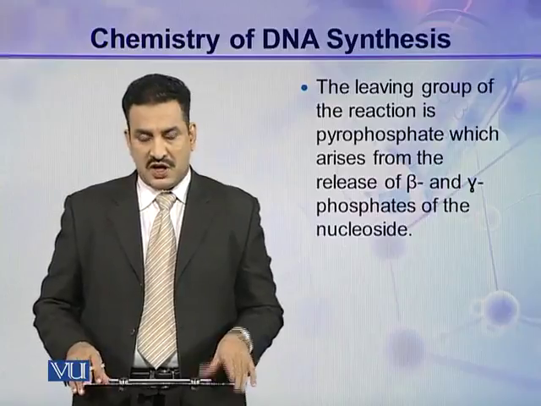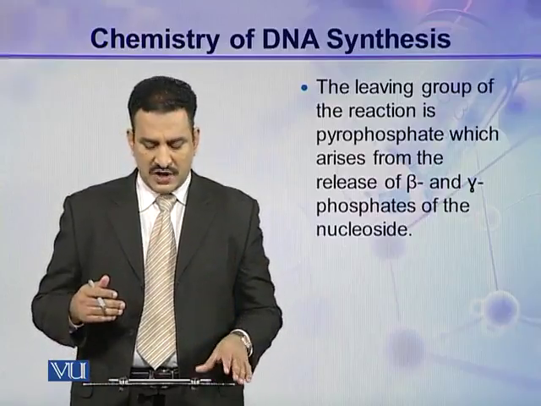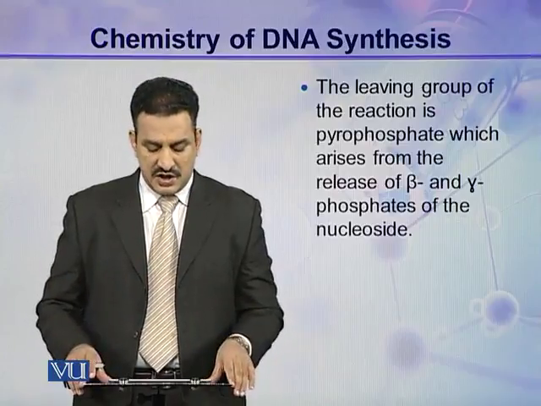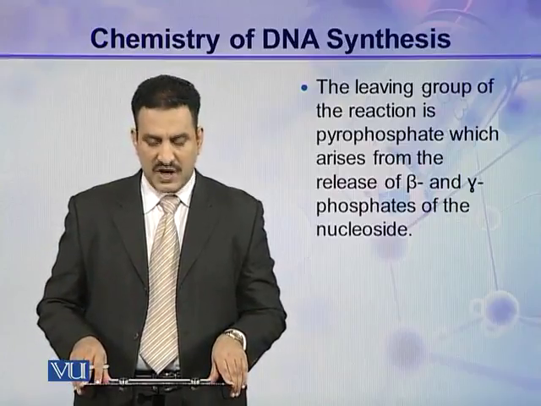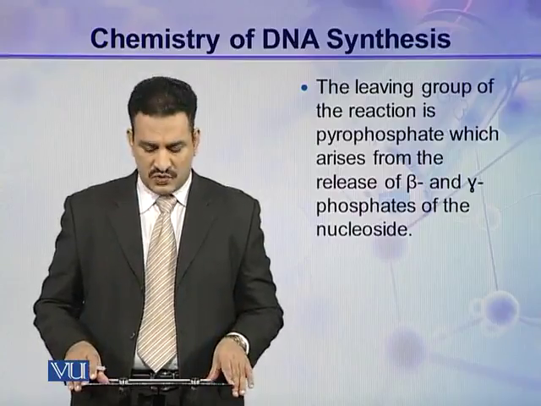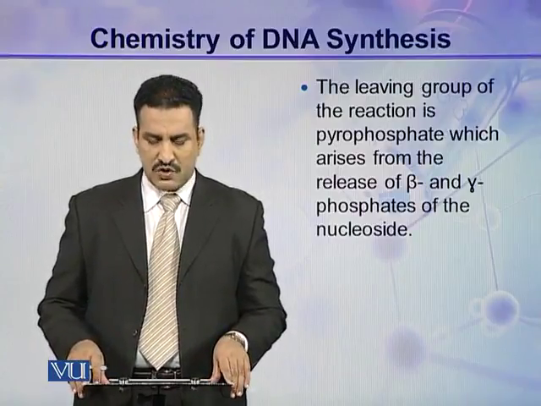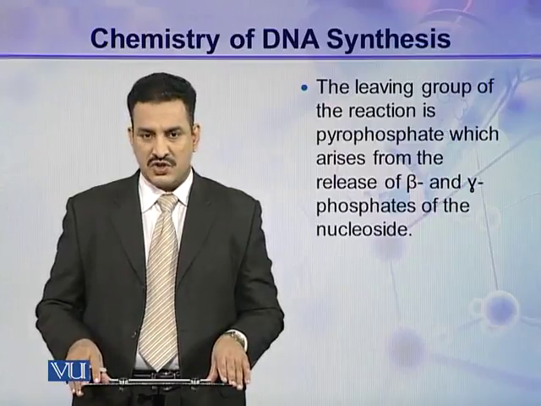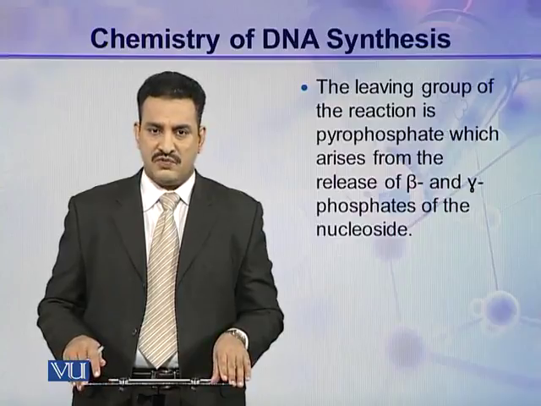After this attack, one group leaves the reaction, and the leaving group is pyrophosphate. So what is pyrophosphate? Pyrophosphate arises from the release of beta and gamma phosphates of the nucleoside triphosphate.